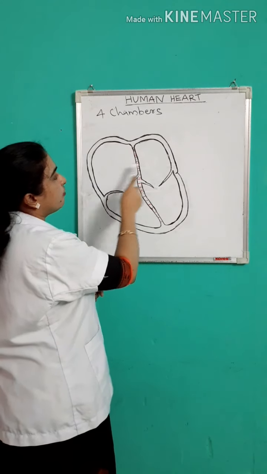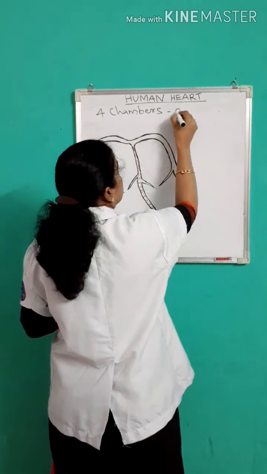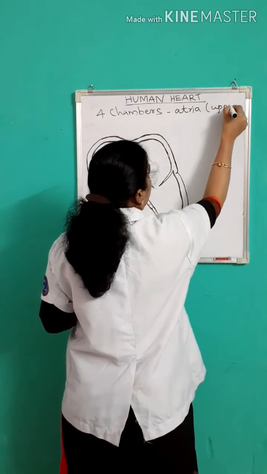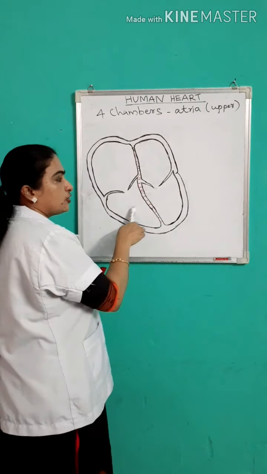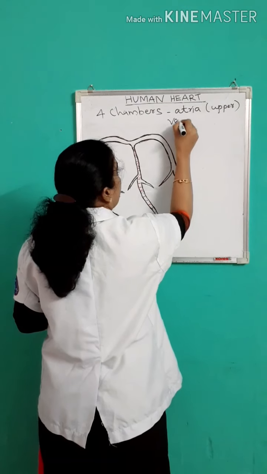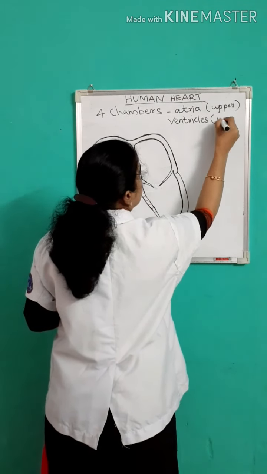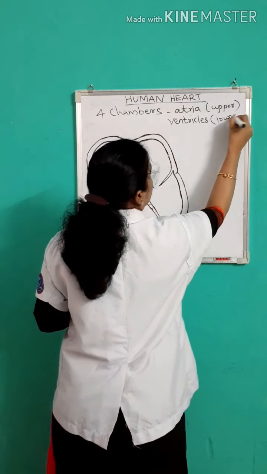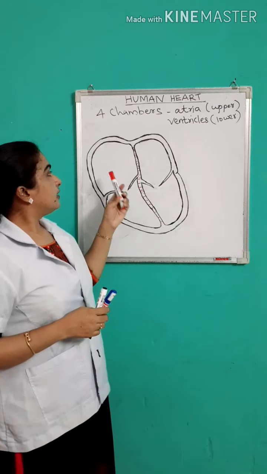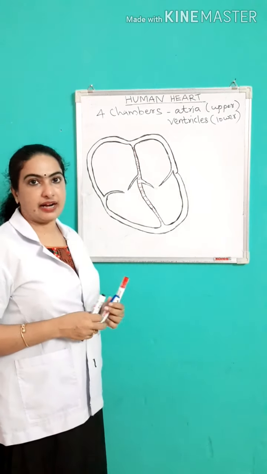These upper wide 2 chambers are known as atria. Atria is the upper chamber and the 2 lower narrow chambers are known as ventricles. And here, these 2 atria always receive blood to the heart.